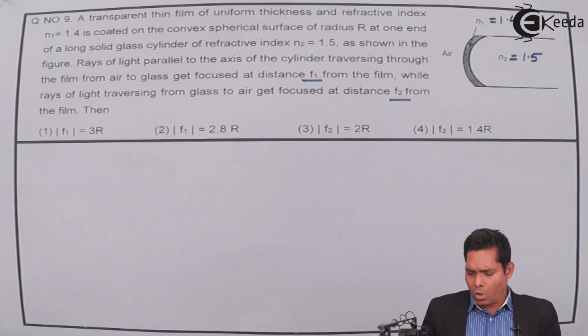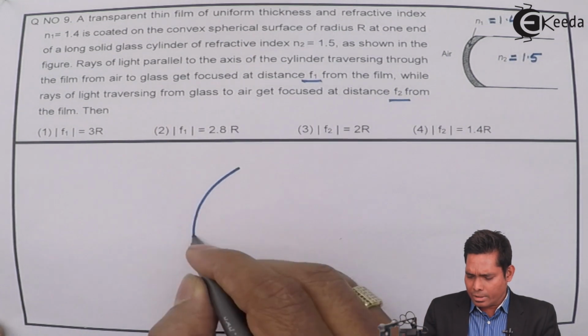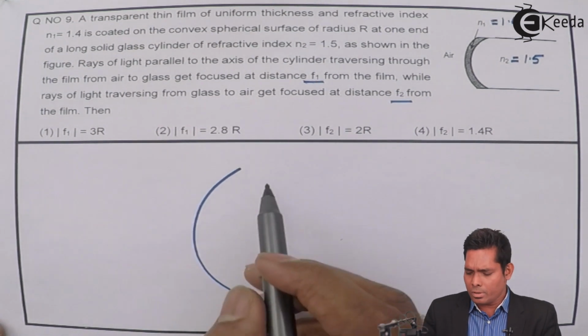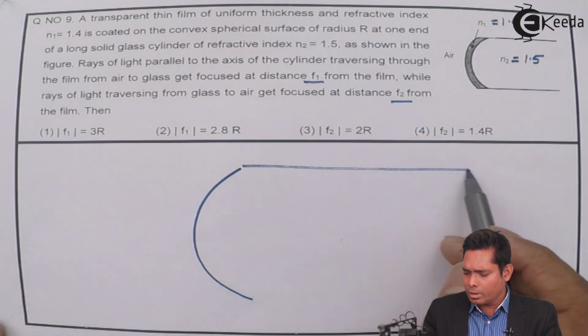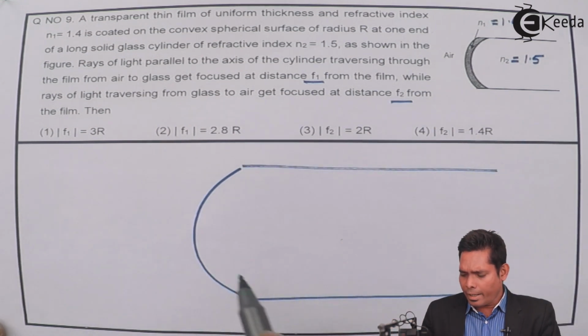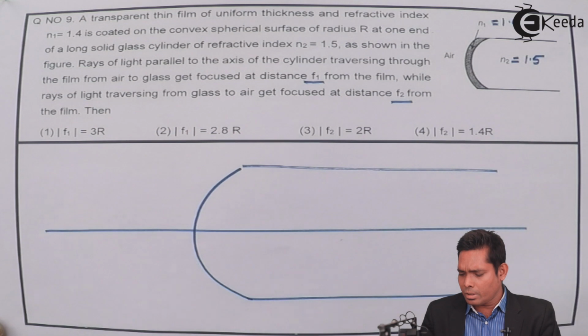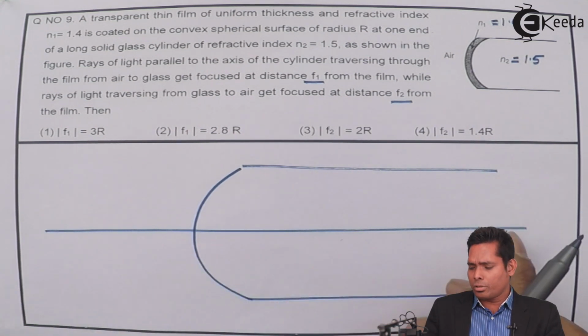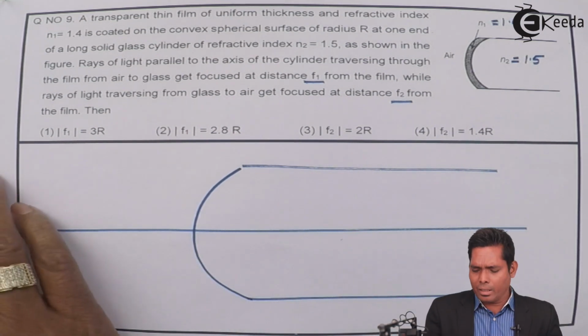So we'll draw a diagram something like that. This is a convex surface, and this is the cylinder, and you can consider this as the axis, and the rays are coming parallel.